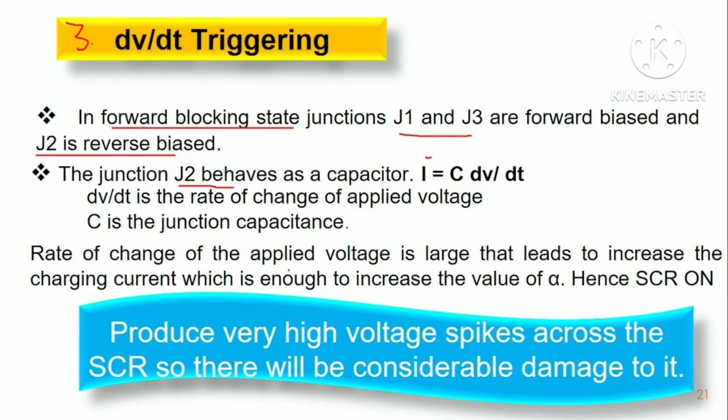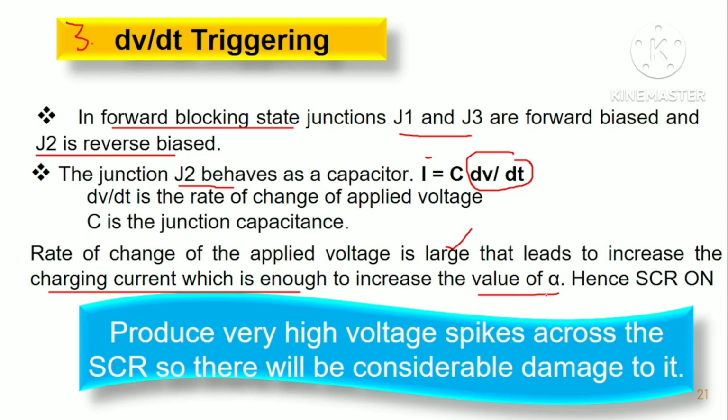When we keep on increasing the rate of change of voltage beyond a particular value, the charging current is enough to increase the current gain alpha, and thereby the anode current also increases.